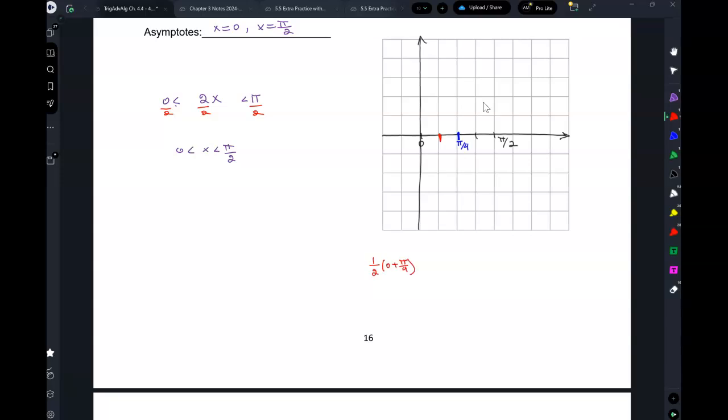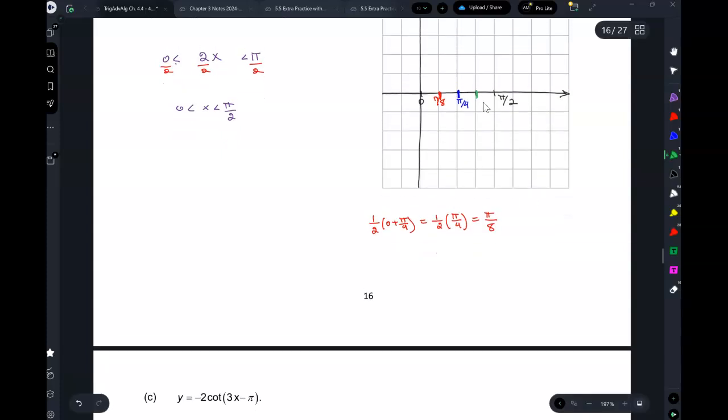So remember, if you get confused, do it that way. So this is half of pi over 4, pi over 8. Okay, this green one is going to be a bit tricky. This is halfway between pi over 4 and pi over 2.